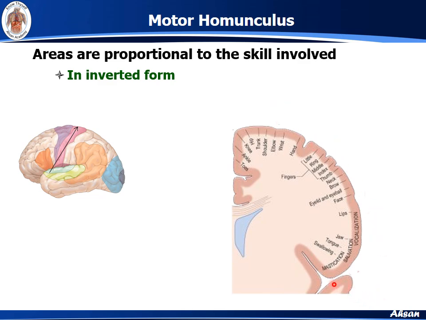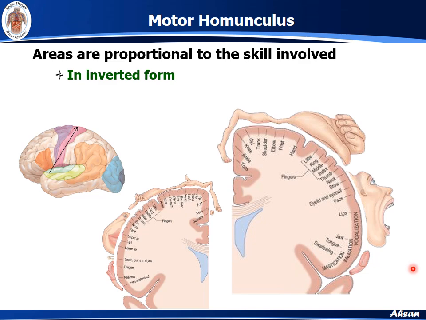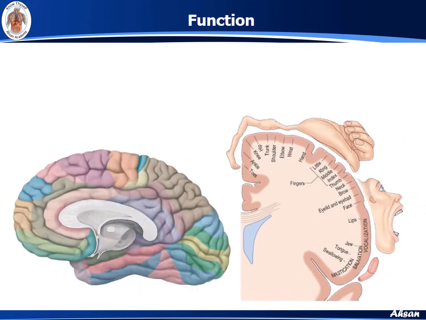If we try to identify these areas of supply, this is in a bit inverted position, and if we draw that, the figure will be distorted in proportion because the size of the area depends on the skill, not on the proportion of the body. You can see the image of the body as per the area of the motors. This distorted figure is known as the motor homunculus, like this one.